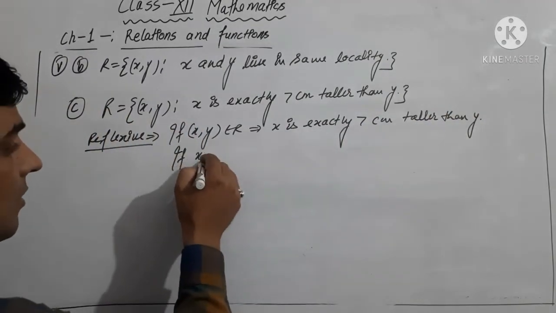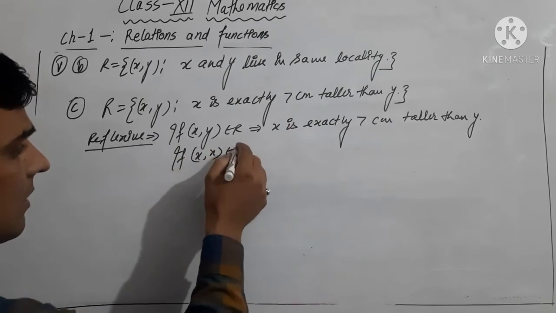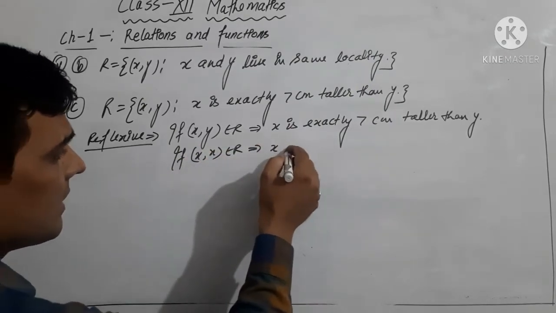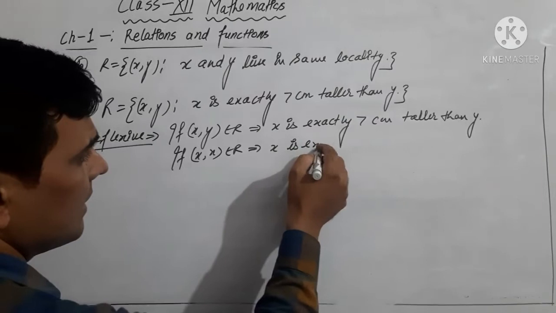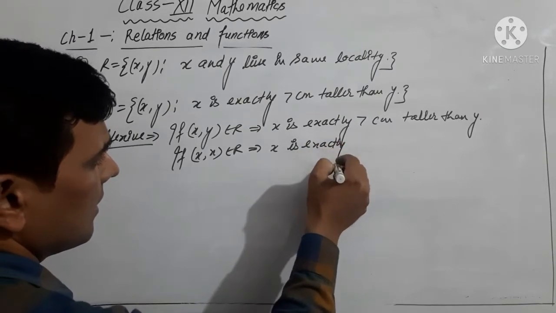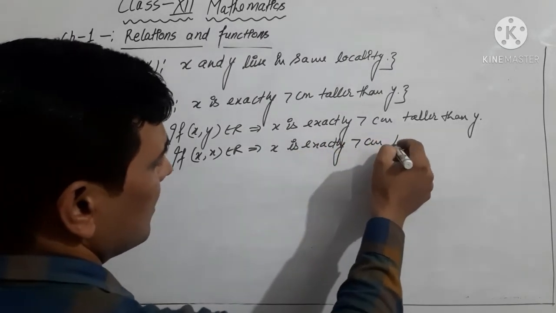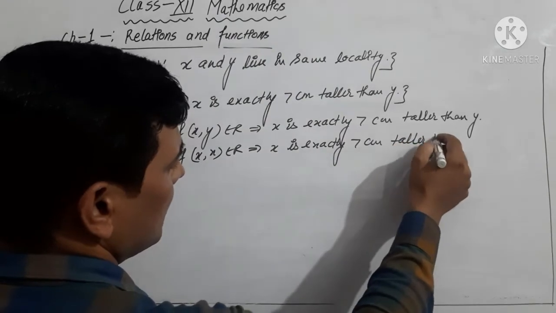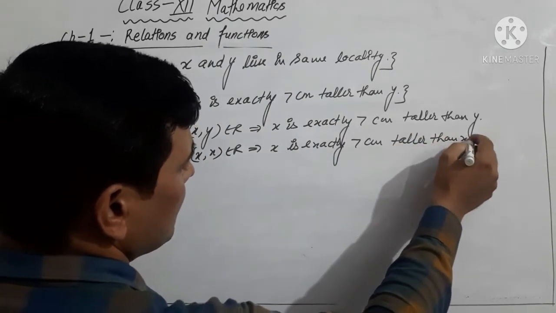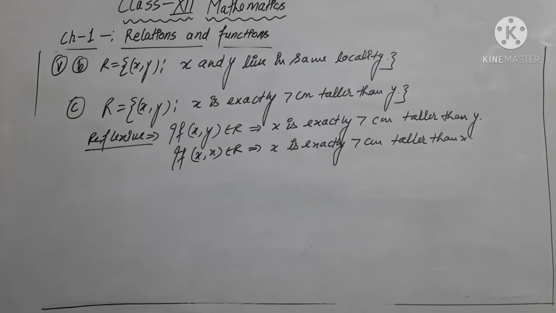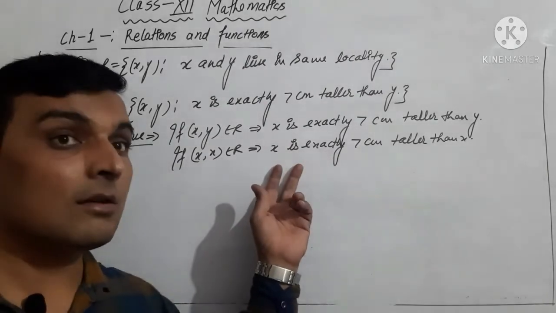If (x, x) belongs to R, then x is exactly 7 centimeter taller than x. Is this condition true? No, this is not true.